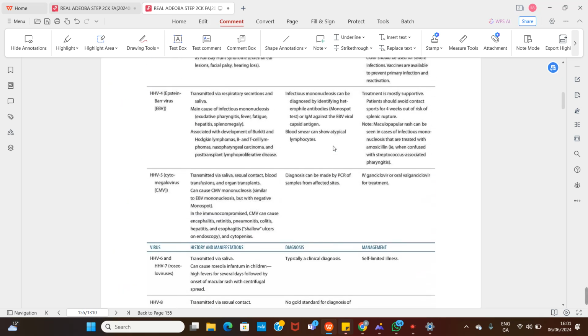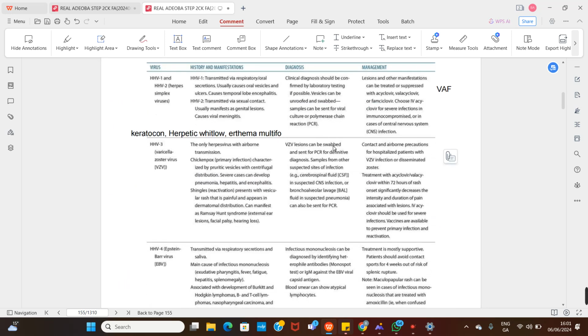So how do you make your diagnosis? Clinical, right? Clinical diagnosis. Most of the time, you don't do any further diagnosis, but sometimes you might take a swab and send it for PCR analysis for your definitive diagnosis, or you just do your culture. Any one of that you want to do, you can do it, depending on if there's complication or not.